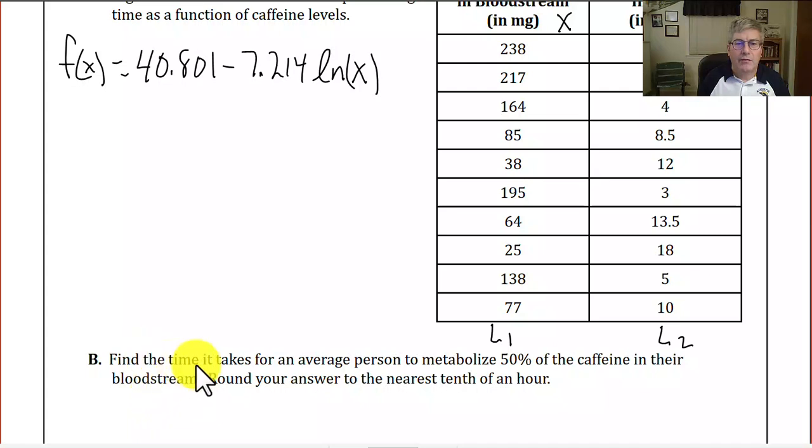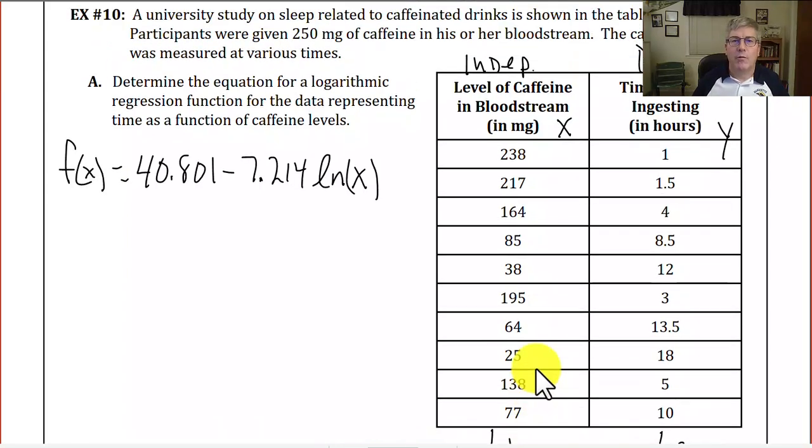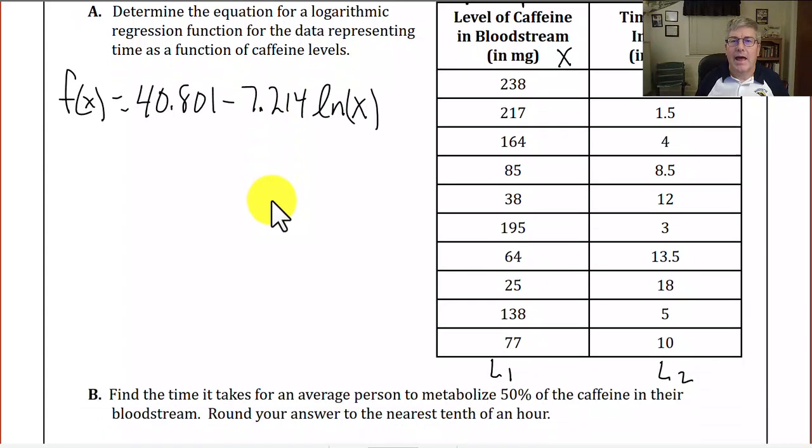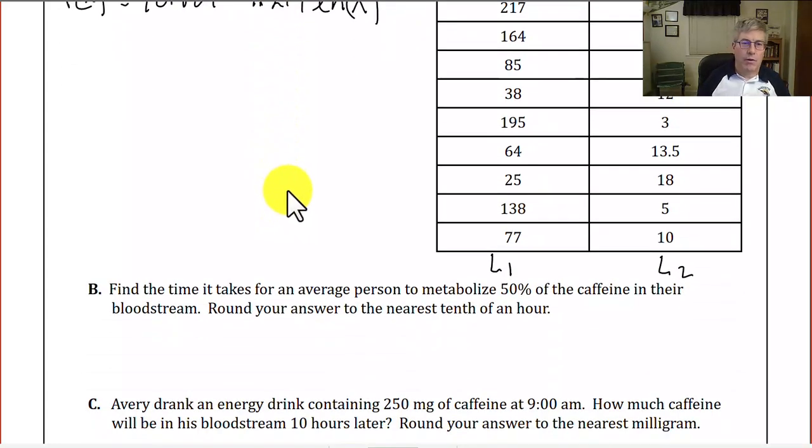And then it asks, find the time it takes for an average person to metabolize 50% of the caffeine in their bloodstream. So 50%. 50% of what? Well, that would be 50% of the 250 that they were given to start with. So we're asked to find an x of 125.